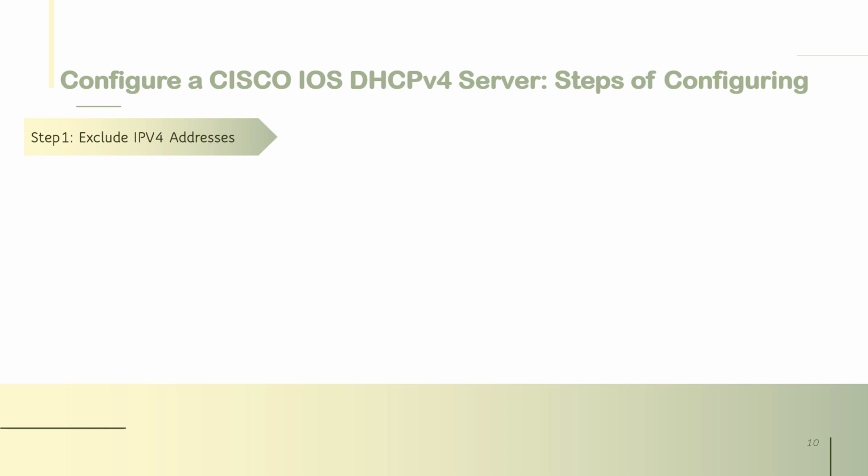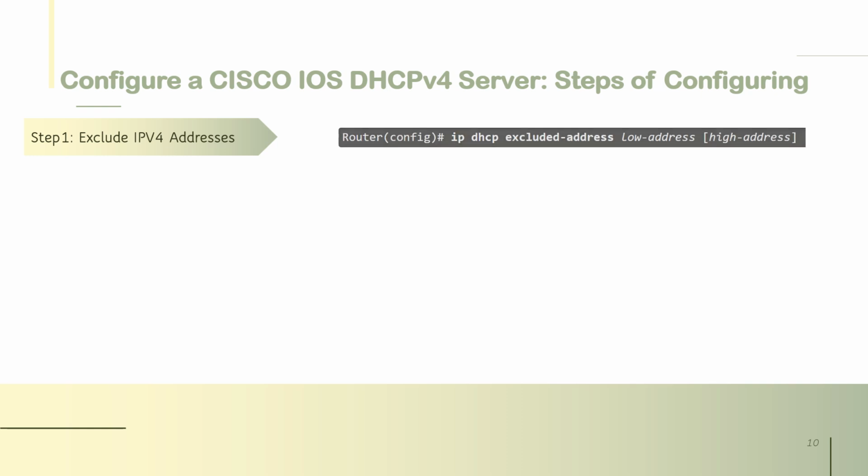The command syntax to exclude the IPv4 address is here. So we have to be in the global configuration mode, and by using the command ip dhcp excluded-address, we will start configuring the DHCP version 4 server.